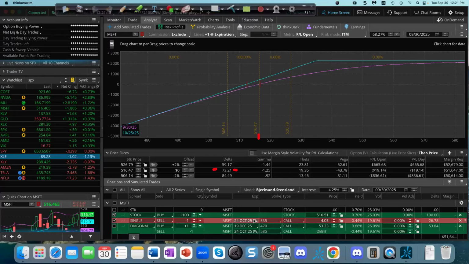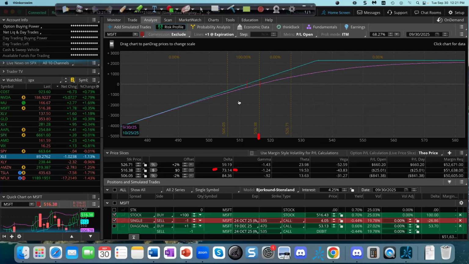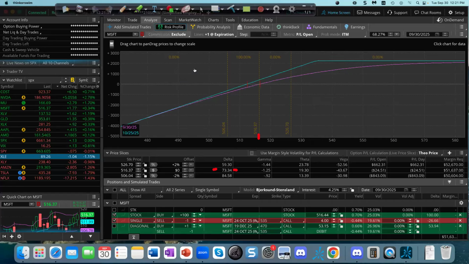In this particular trade, the expiration is October 24th, which is 24 days away. The ideal play would be the stock goes up, you make money on appreciation, and in this period of time it doesn't go through the 535 strike.